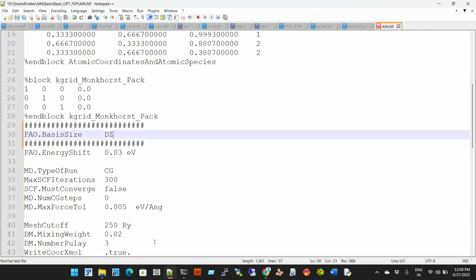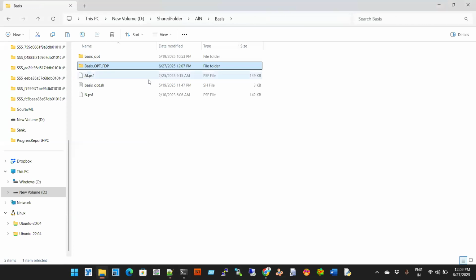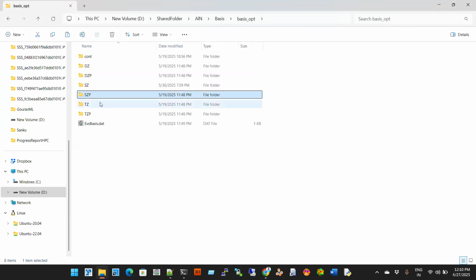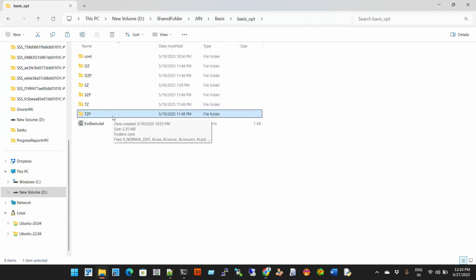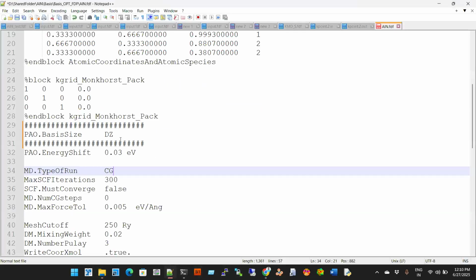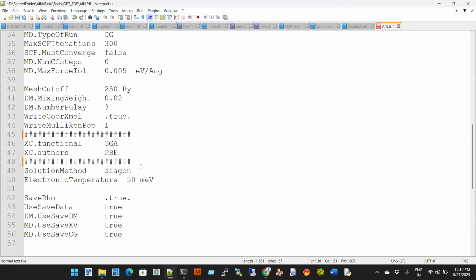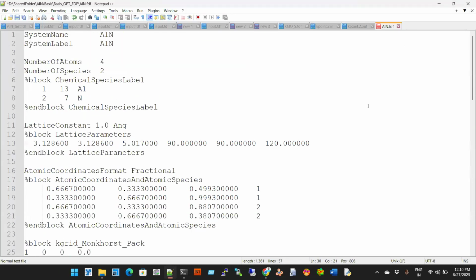There are various types of basis size. These are DZ, DZP, SZ, SZP, TZ, and TZP. We shall change the basis size and accordingly we shall try to find out the corresponding energy values. Hopefully all of you are able to run your first siesta calculation.